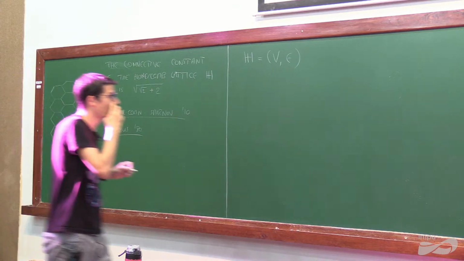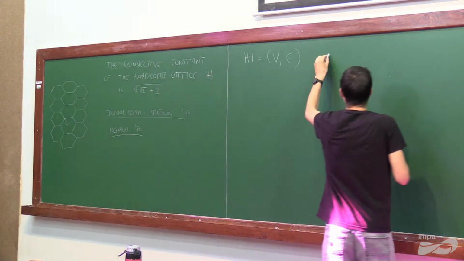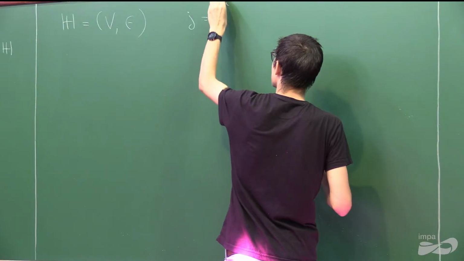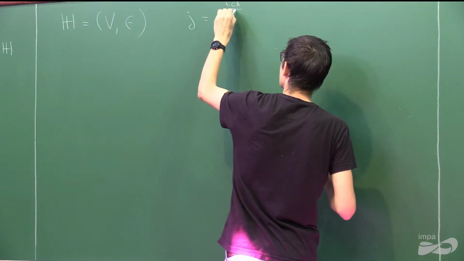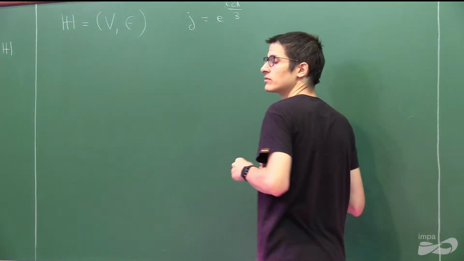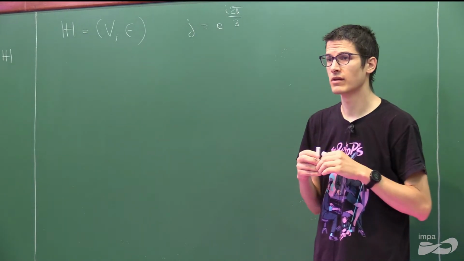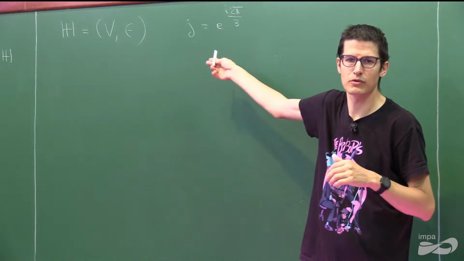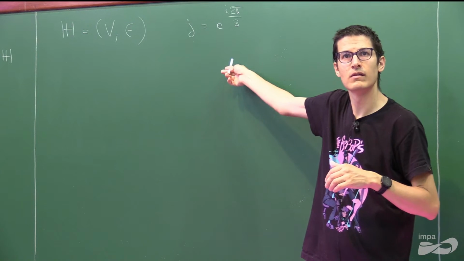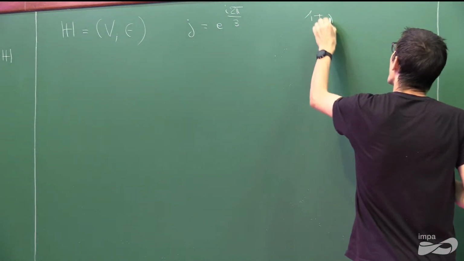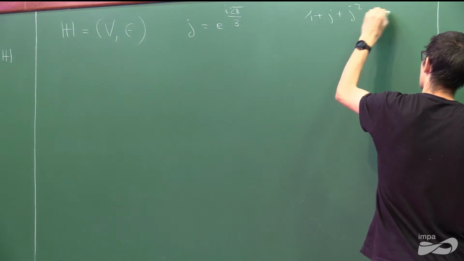So for all the class, okay, for all this lecture, I will let j denote the first cubic root of unity, the first non-trivial cubic root of unity. Okay, so what you have is that 1 plus j plus j squared is equal to 0.